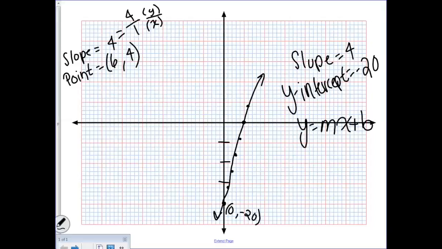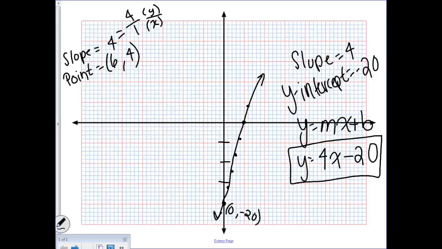What are the only two values I need to substitute numbers in for? 4 for m, negative 20 for b. So do I have the equation y equals 4x minus 20? What if I told you there was a simpler way to do this instead of drawing a graph every time? Would you believe me? Probably.